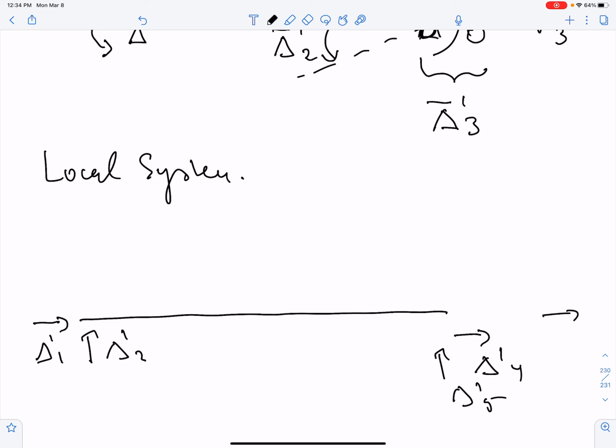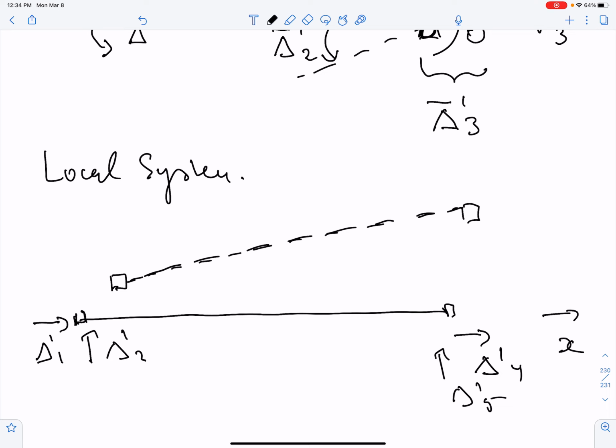Under the action of these displacements, let's say this node moves to the right and up, this node moves here, and this node moves there. So this now is your new element. Let's denote it with a dashed line like this.